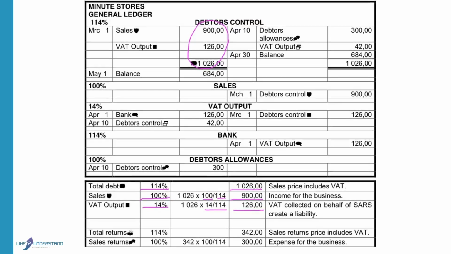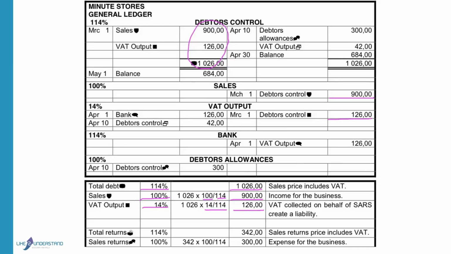If we look at the entry here, we will see that the debtor is debited with 1026, sales income is credited with 900, the income of the business, and VAT output is credited with 126, so that the debits and the credits are equal.